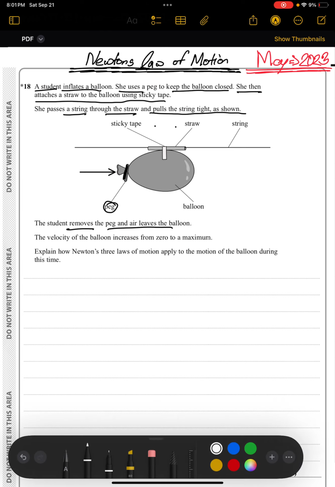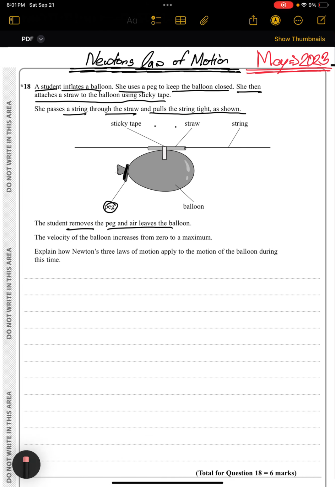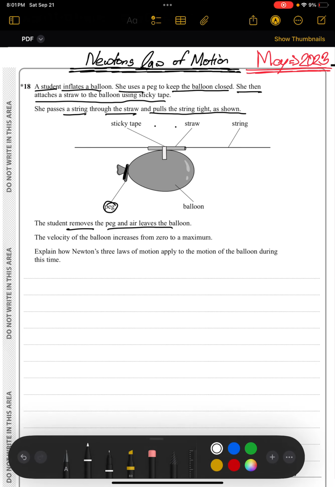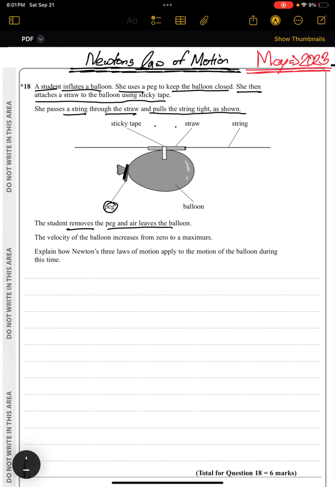when the student removed the peg, it's obvious that the air will start to come out. The air started to come out.